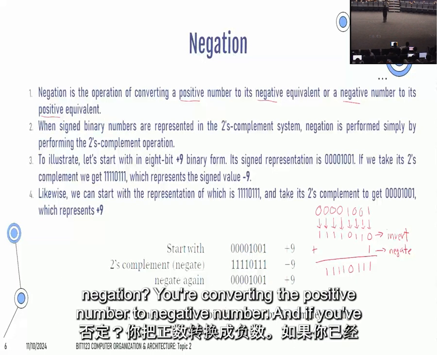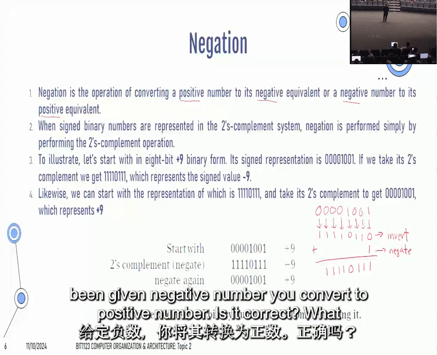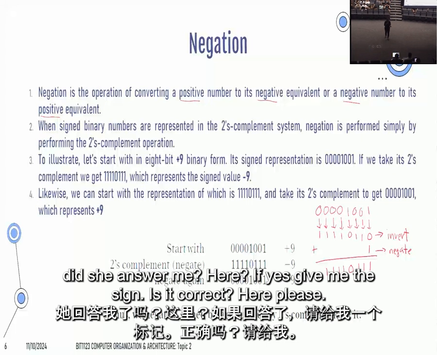What is a negation? You're converting the positive number to a negative number, and if you've been given a negative number, you convert to a positive number. Is it correct?